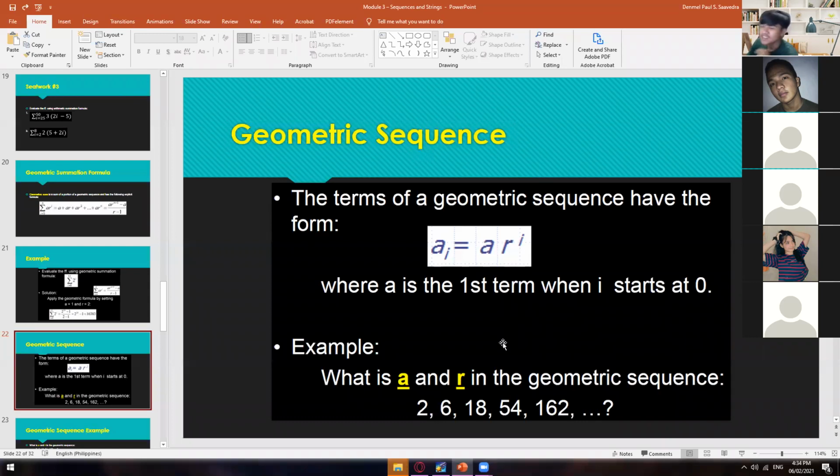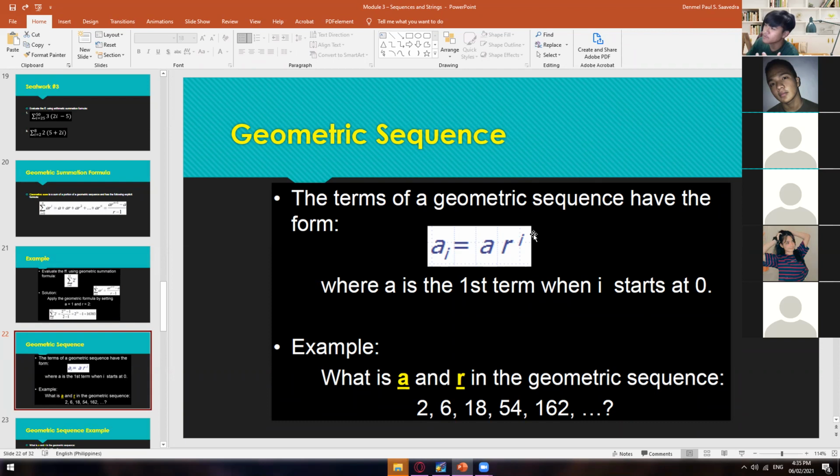No. So R here is not 1. Why? Because if this one is already 1, take note your starting point here is 0. So if this one is 0, then any number that is raised to 0 is 1. So 1 raised to 0 is 1 times 2 is 2, which is correct.